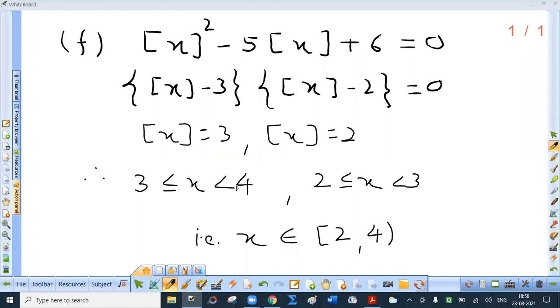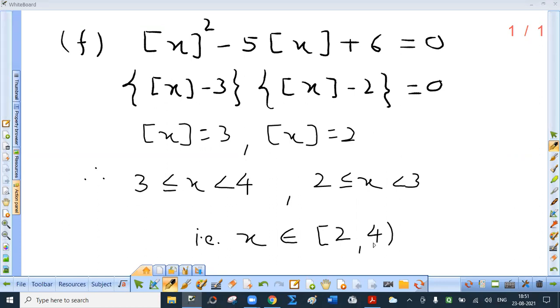So 3.99999. What is the step value of 3.99999? The greatest integer not greater than 3.99999 is 3. Yes, it is given to be 3 only. Similarly, step x equal to 2 means 2 less than or equal to x less than 3. Now combine these two: 2 less than or equal to x less than 3, and 3 less than or equal to x less than 4.